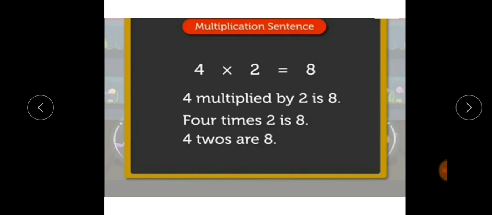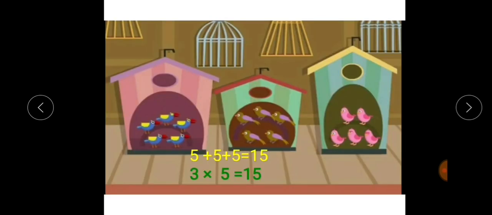Okay, then let's go to another example. Here there are 3 bird houses and each bird house has 5 birds. Okay, then how do we find the total number of birds in all?